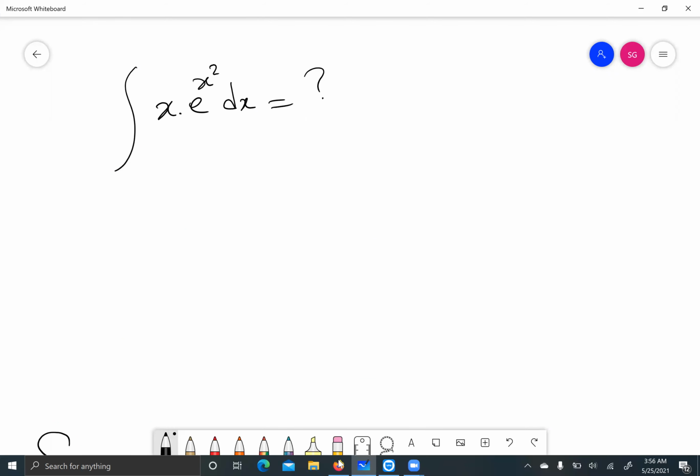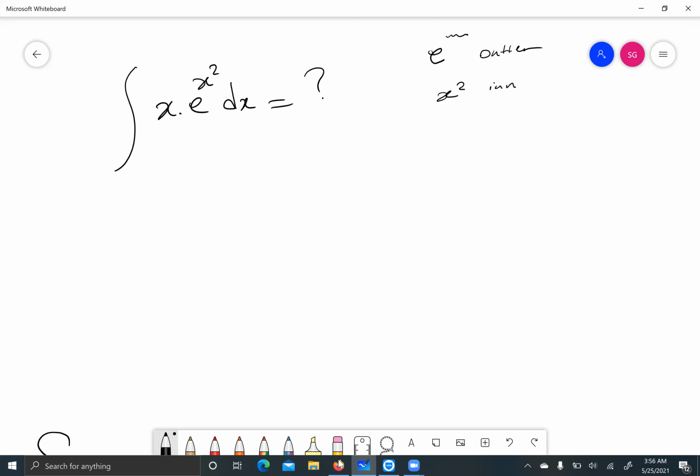So what do we see here? It is x multiplied by another function, but pay attention to that function: it's e to something, right? So that's the outer function. And then the inner function is x squared.